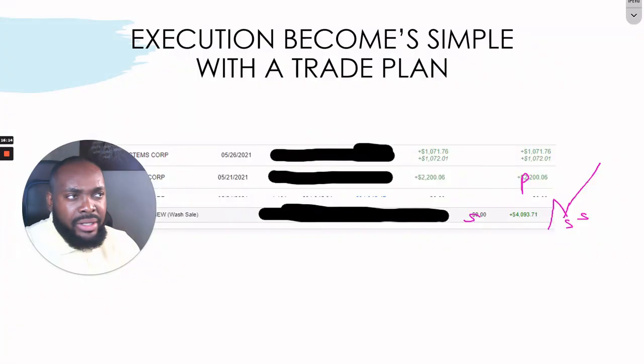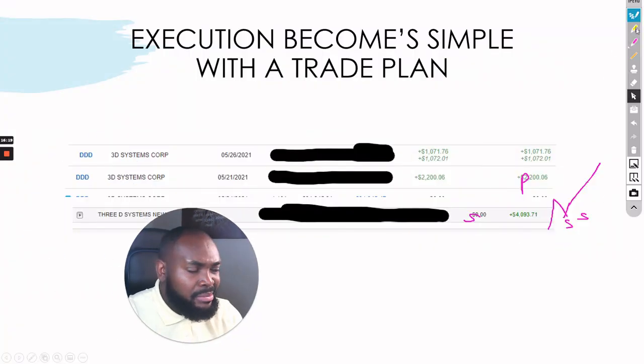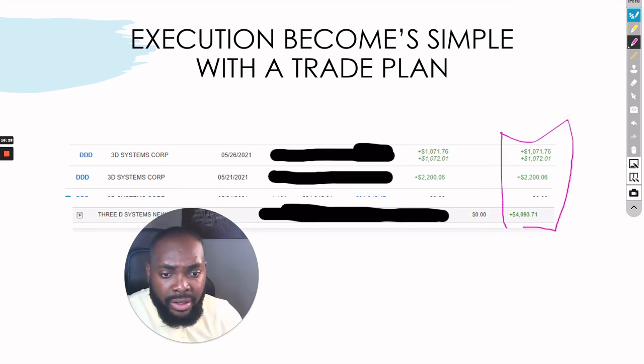All right, so I'm going to just quickly show you. This was a weekly trade, so pretty much we held this for a couple of days for the whole week, and you can see for the entire week we racked up around $7,000 in profit on this one trade.